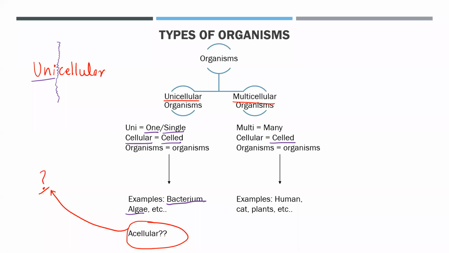Write it in your notebook. You will be given notes. I will provide you the notes, don't worry about it. But in your notebook, write down what acellular means. Sir, in our fair notebook? Yes, in your fair notebook of biology.